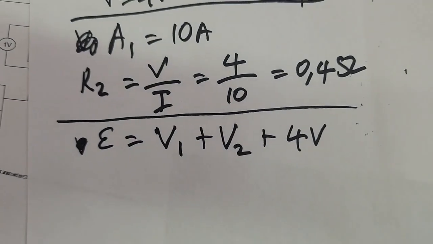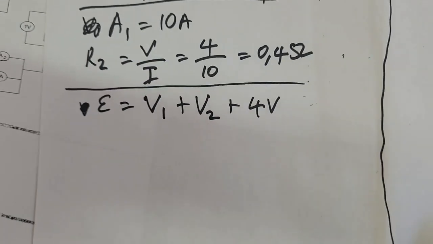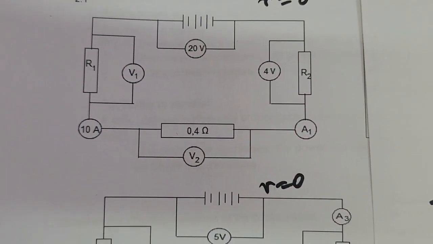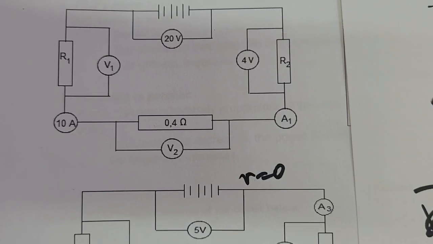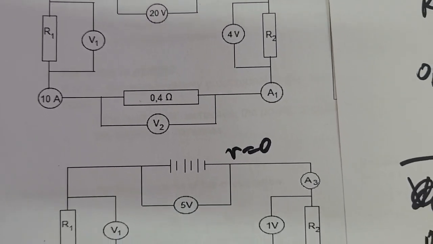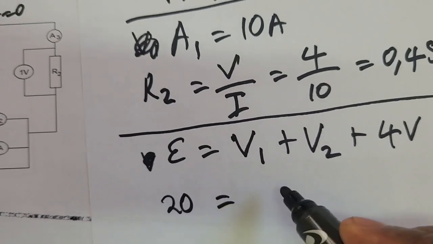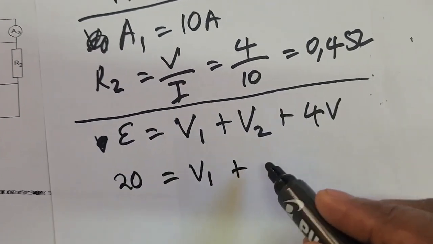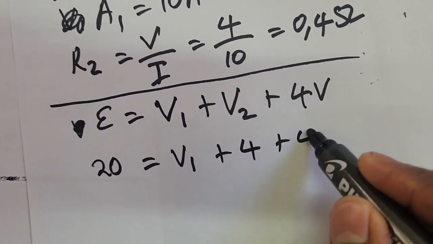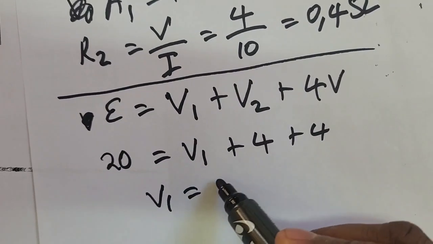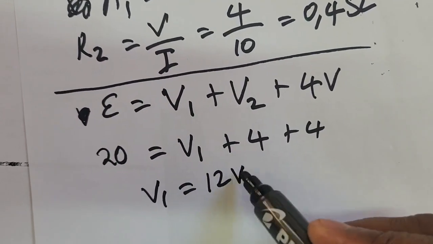Let's continue. We were saying the total voltage in the circuit, which is 20 volts, equals V1, V2 and 4. Therefore the EMF we know is 20, V1 is the one we are calculating, V2 is 4 and this is 4. Therefore V1 obviously will be 12 volts.